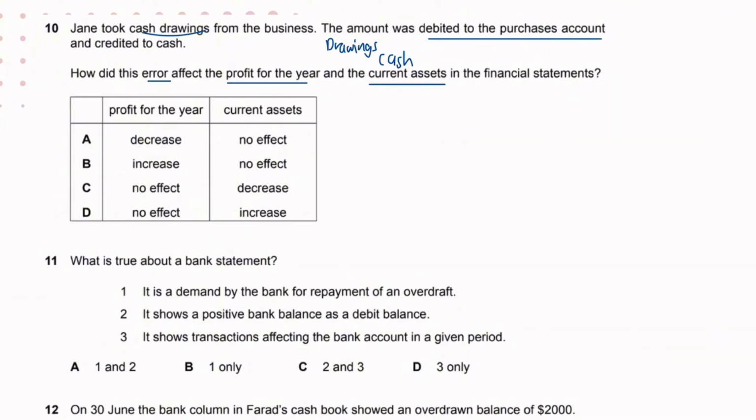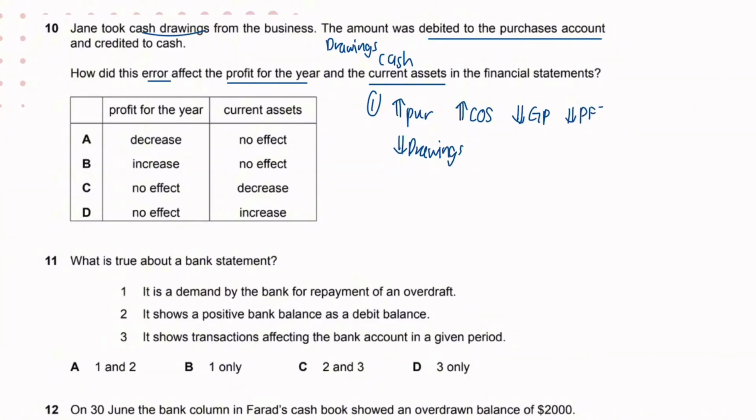So from here we can know that you have overstated your purchases and you understate your drawings. Okay, so these are the two main errors. The first error, you overstated your purchases. So what's the effect? You will overstate your cost of sales and you will understate your gross profit. When you understate your gross profit, you will understate your profit for the year as well.